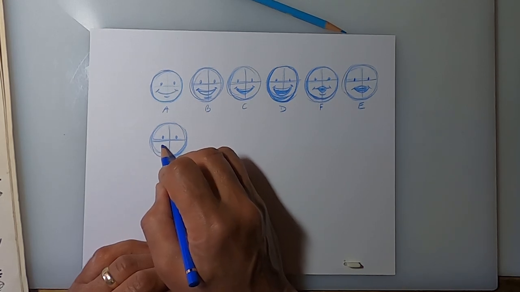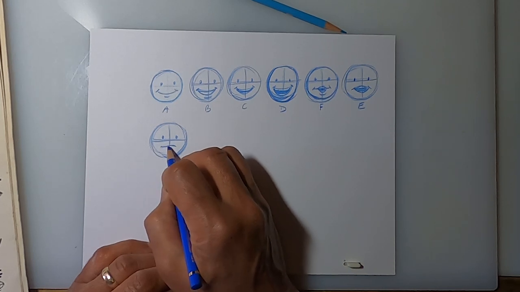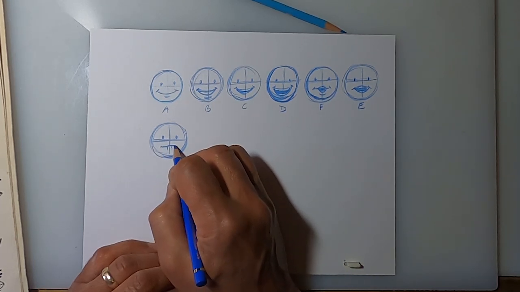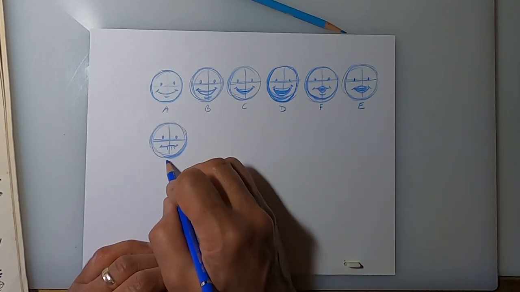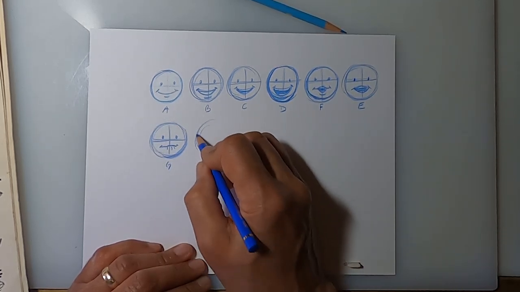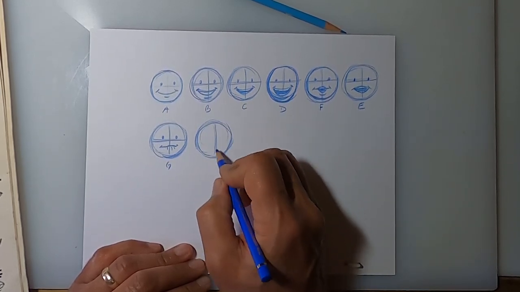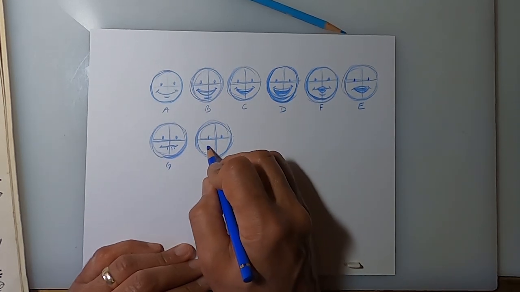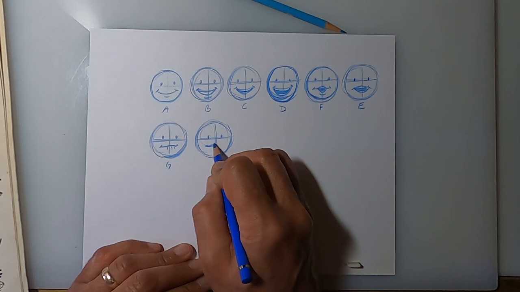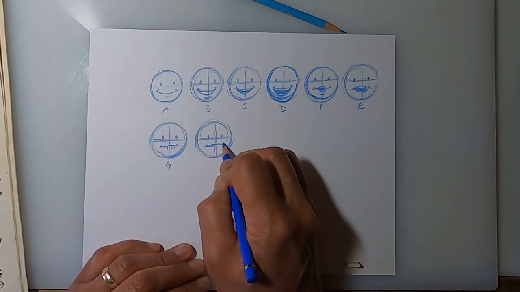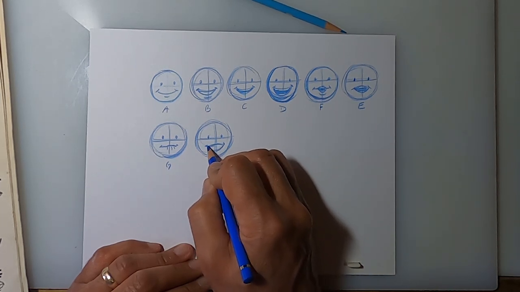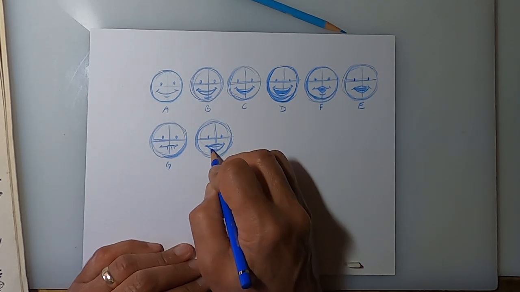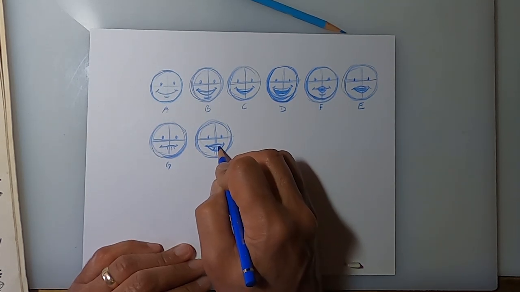Let's see, the G mouth was like that. That was G. And then the H mouth, we could see the teeth here, and then we saw the tongue here.